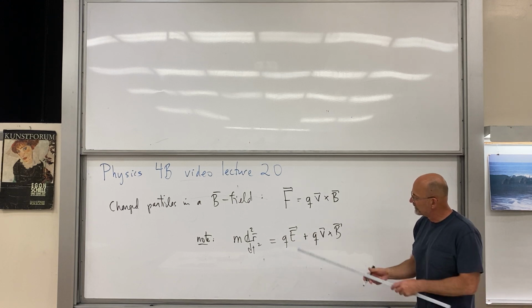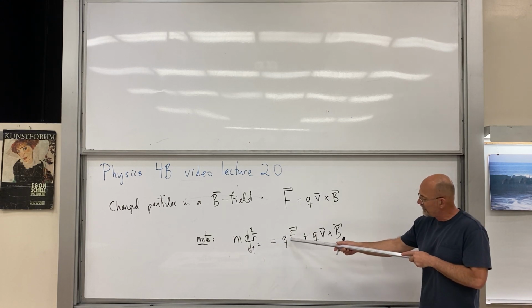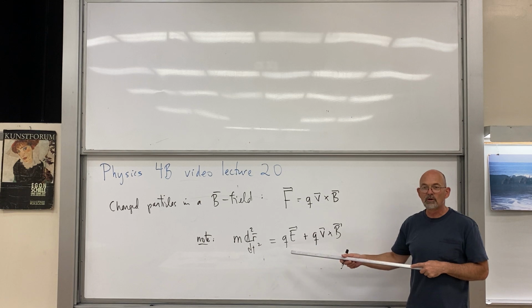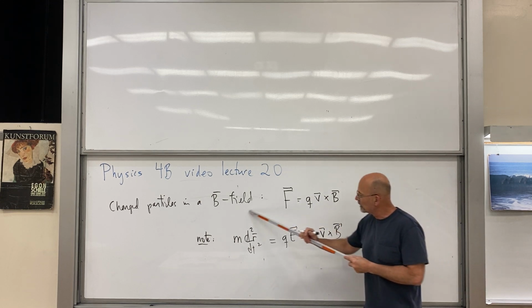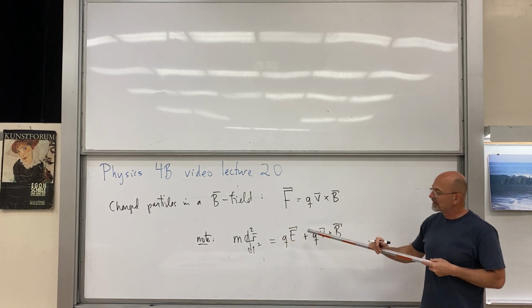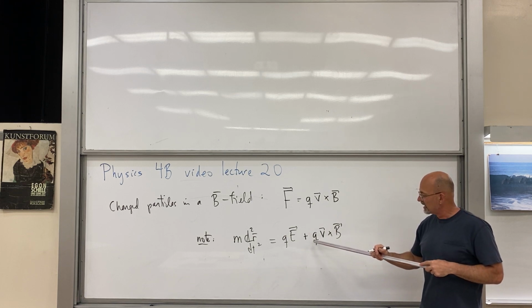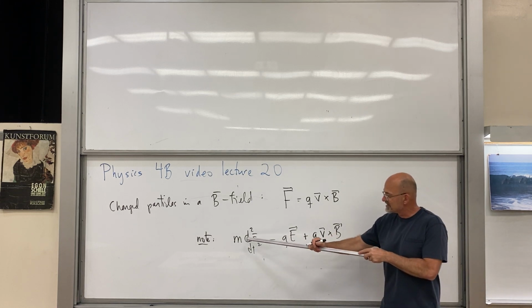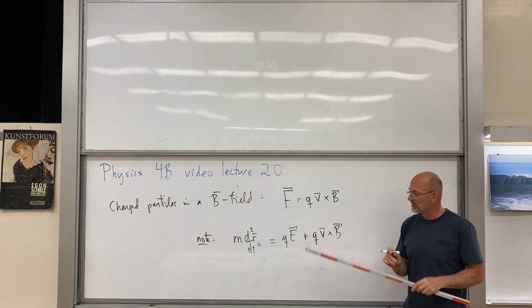And in both of these, if you divide both sides by m, you're always just having that ratio q over m. So just using Newton's law in this form, you cannot determine the charge or the mass individually, but only their ratio.